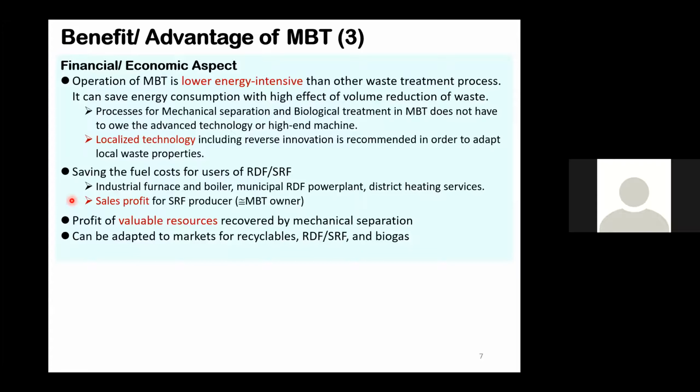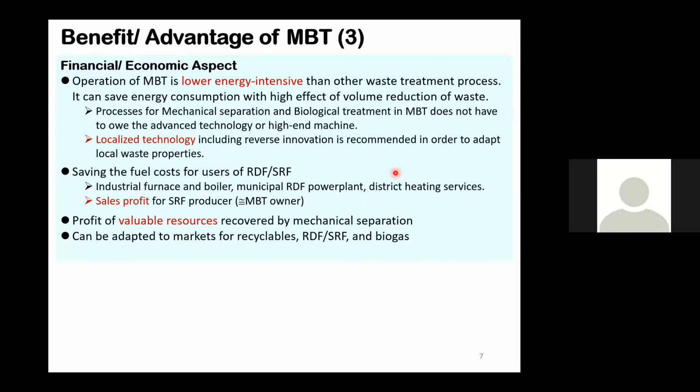And not only the sales profit of the solid fuel, using the solid fuel, I mean the SRF or RDF, is also a very strong benefit or motivation for the fuel users, such as industrial furnaces or industrial boilers, or municipal RDF plants, or RDF power plants, or district heating services.